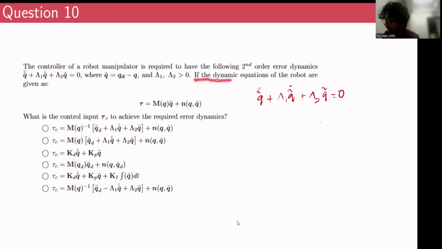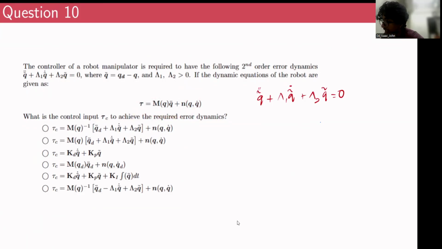If the dynamic equations of the robot are given as this one, what is the control input tau to achieve this error dynamics? What should be the control input so that this robotic system can realize this error dynamics?